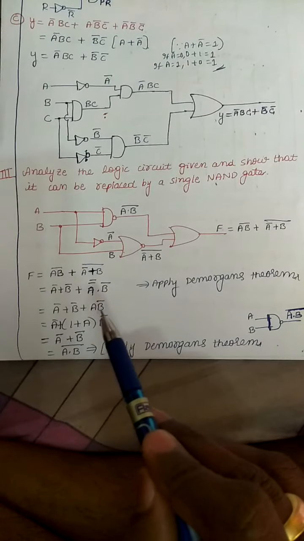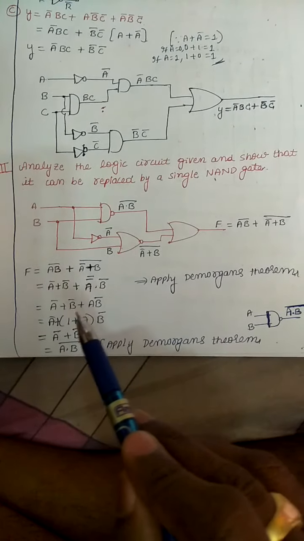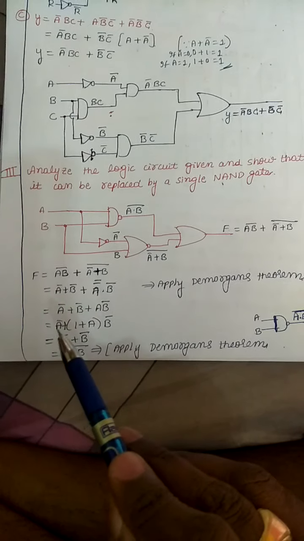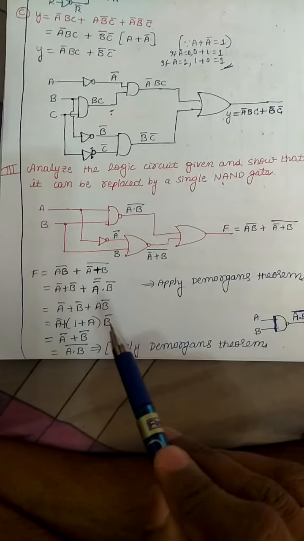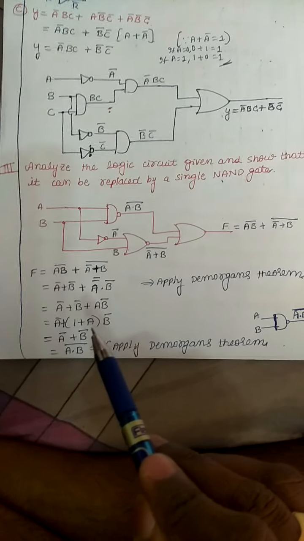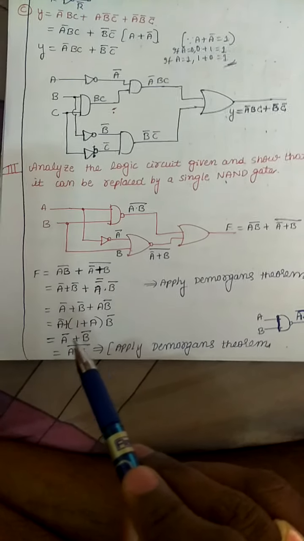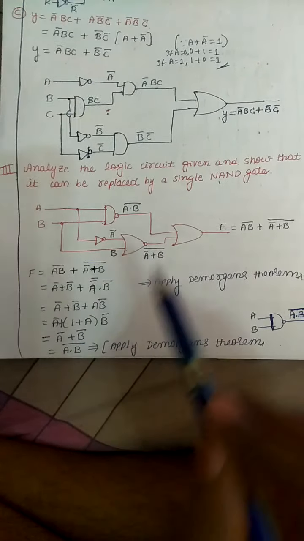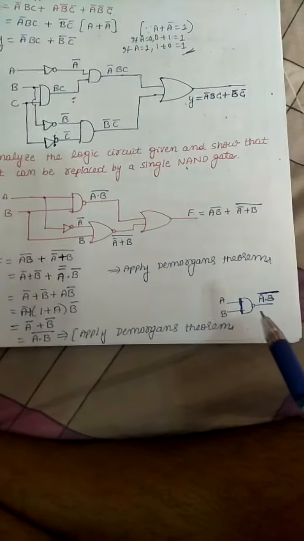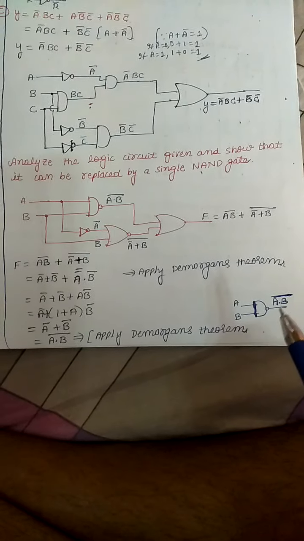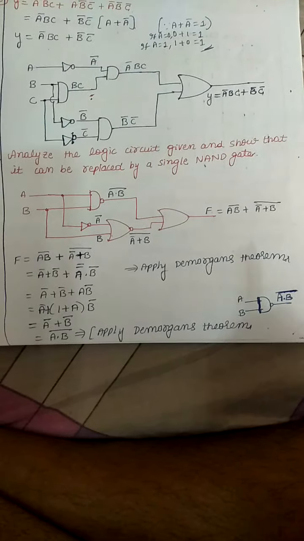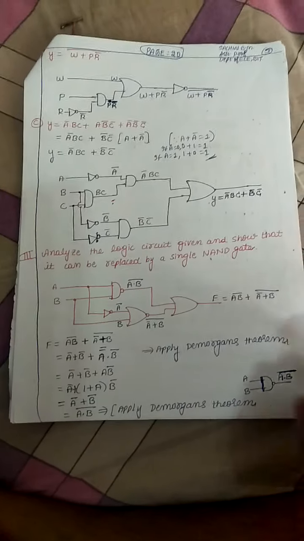In this expression you take B bar as a common factor, you are left with 1 plus A, and 1 plus A means 1. So A bar plus B bar is nothing but A dot B whole bar. A dot B whole bar means NAND gate. And for A dot B, you have a NOT gate, therefore A dot B whole bar.